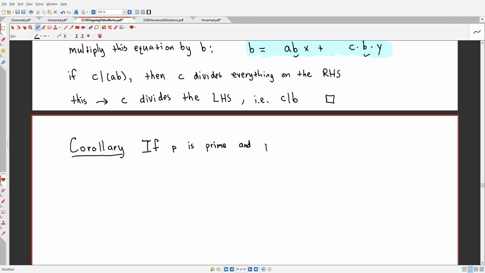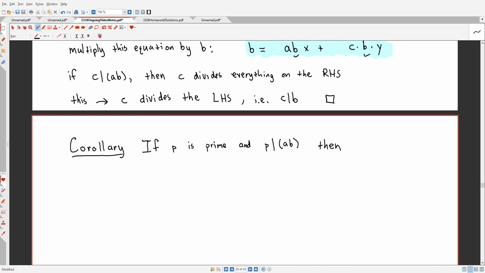and P divides a product of integers, then what can we say? So you should pause the video here to make sure that this makes sense.